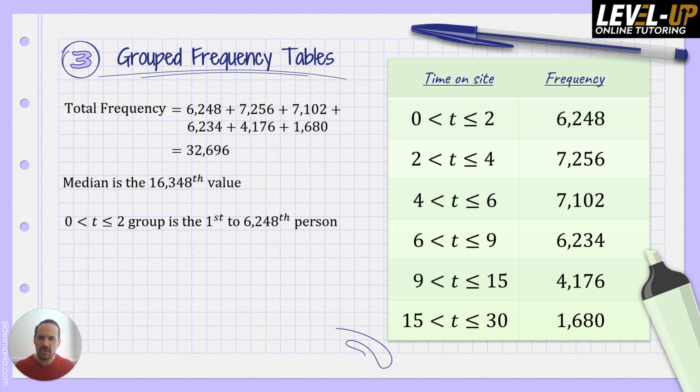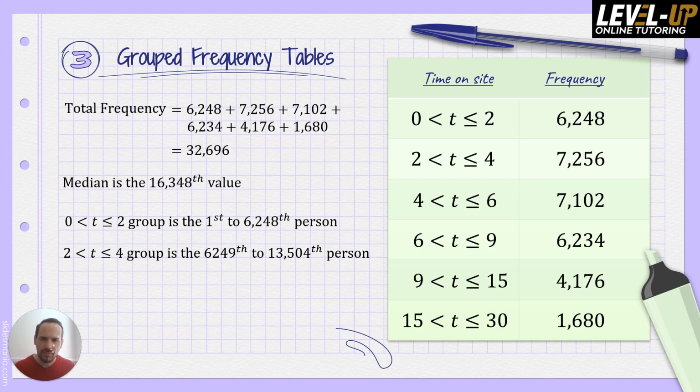The next category is then the next 7,000 odd people. So we see, specifically, it's the 6,249th to the 13,504th. Usually, you're not going to have to be that specific unless someone is right on the boundary between one category or another. But if you've got big numbers like this, typically that won't be the case because that'd just be a bit of a nasty question, really.